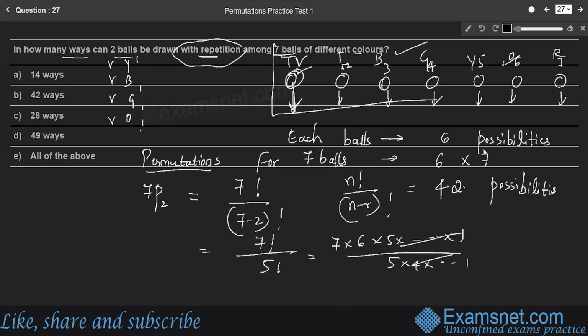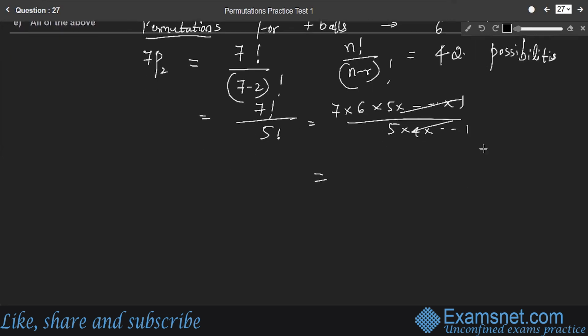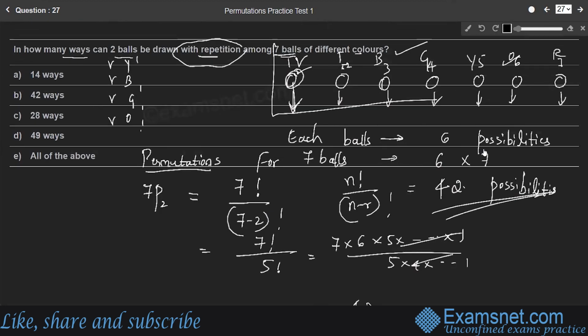This 5 factorial part will get cancelled. We have 42, so there are 42 possibilities of drawing 2 balls randomly with repetition out of 7 balls. Therefore, option B is the right answer.